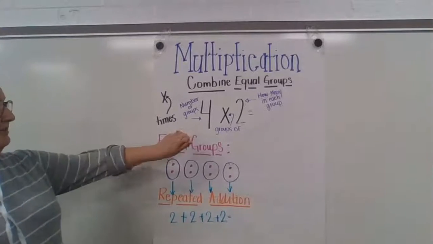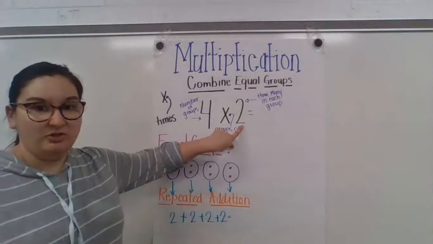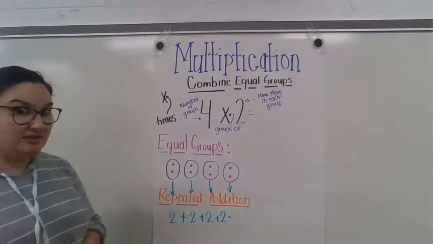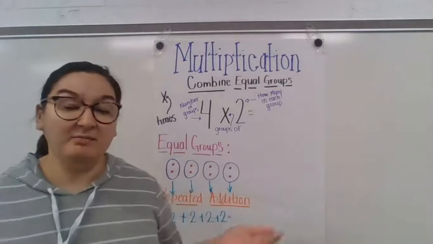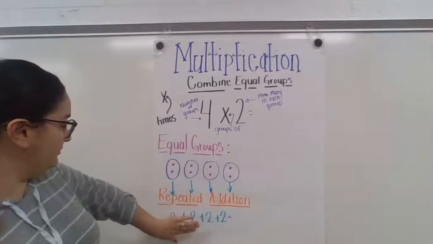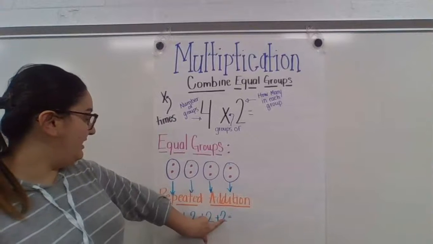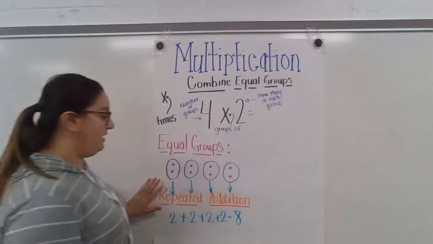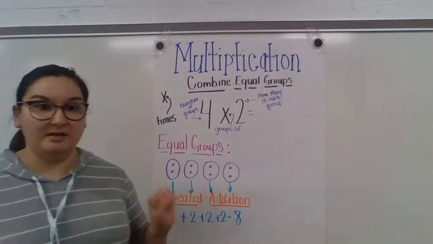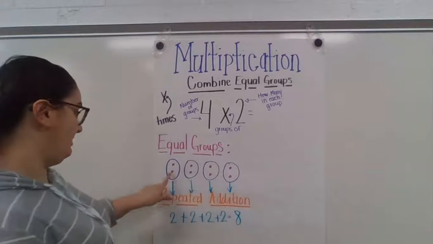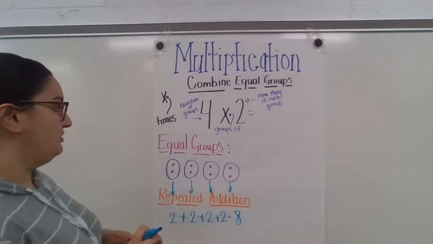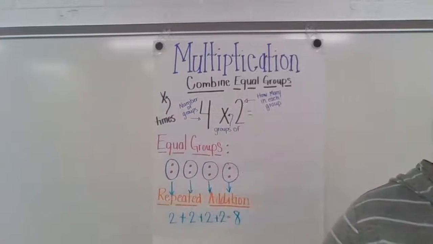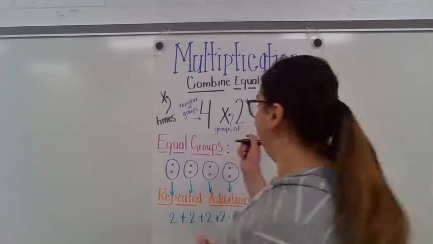So that means that I'm going to add 2 4 times. Okay, and this one's easy, guys, because we can skip count. We know how to count by 2. So 2, 4, 6, 8. So I know that the total number in my equal groups is 8. So 4 times 2 is 8.